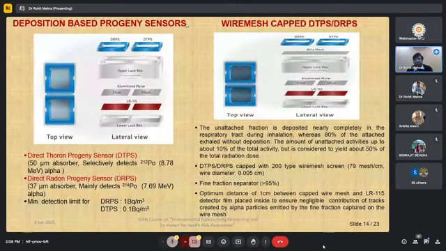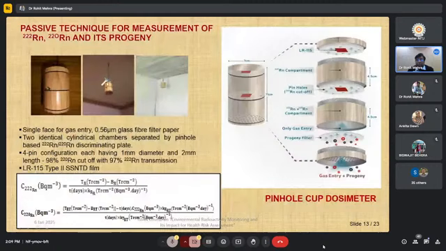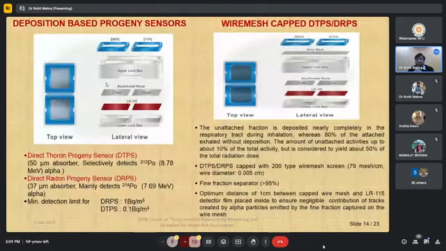So these are other detectors which have been developed by the BARC people, Bhabha Atomic Research Centre people, which we call DTPS and DRPS. And if you see from the previous figure, these DTPS and DRPS are hung together with the pinhole cup dosimeters.